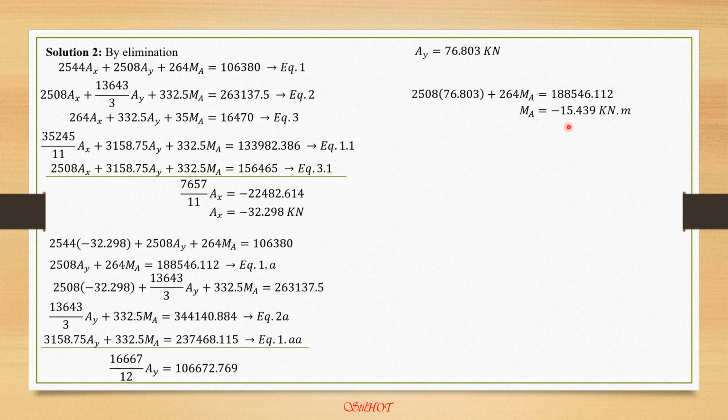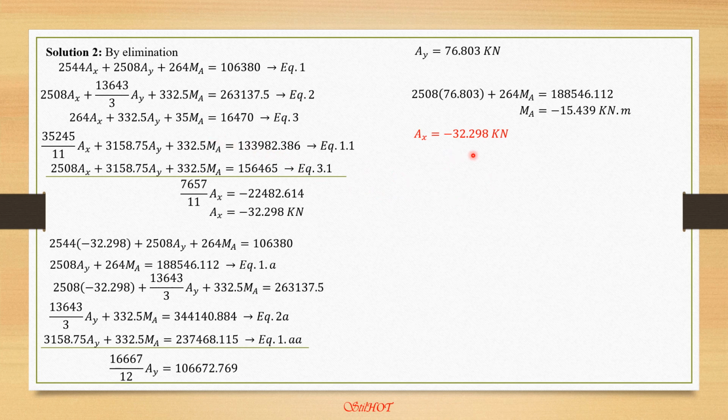So there's a very small difference to our previous answers, and that is acceptable because the method is different and we have new rounded off values or new decimal values here. As long as the answers are very close, that's acceptable.